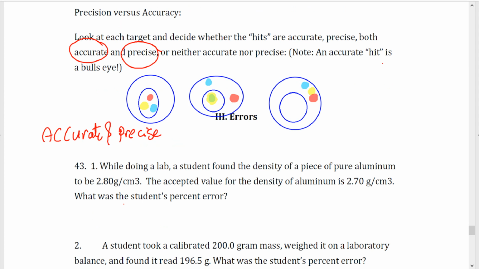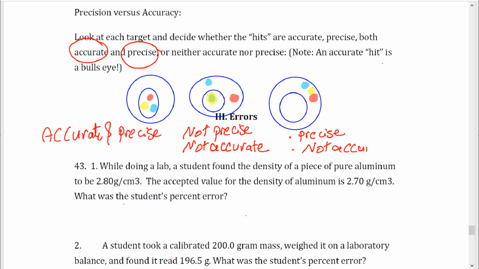Here, they are very far away, so they are not accurate. Very far away means they are not precise, and they are not on the target, so they are not accurate as well. Those hits are precise because they are close, but they are not accurate because they are very far away from the target.